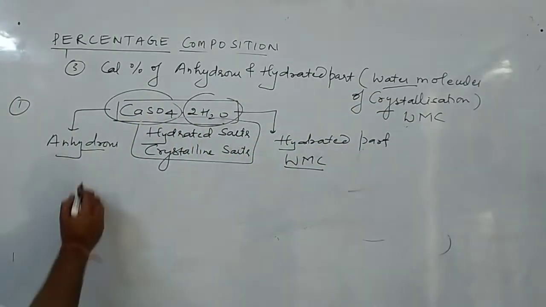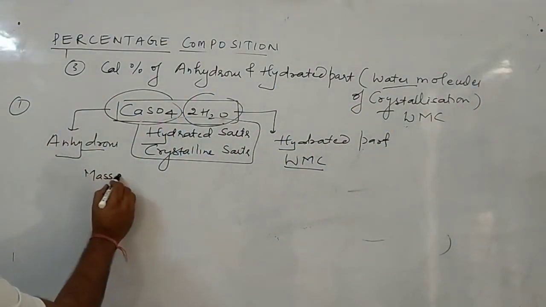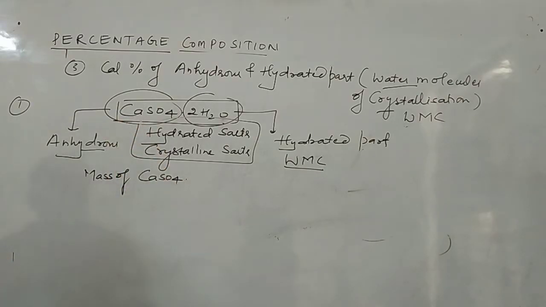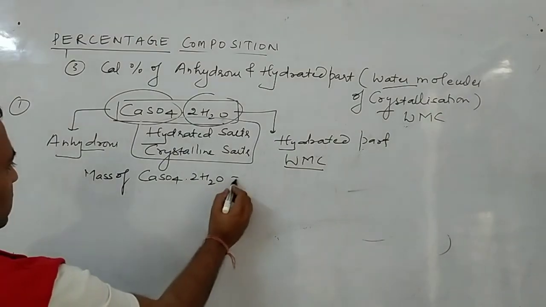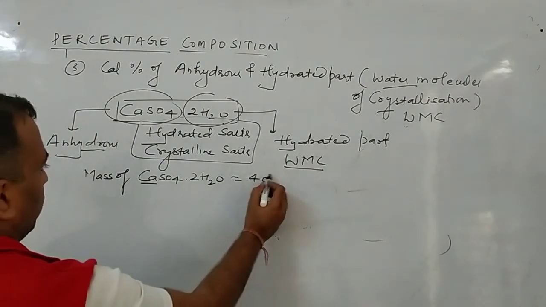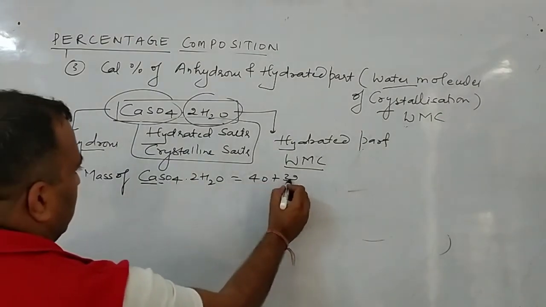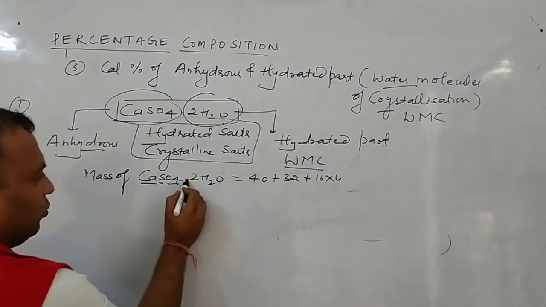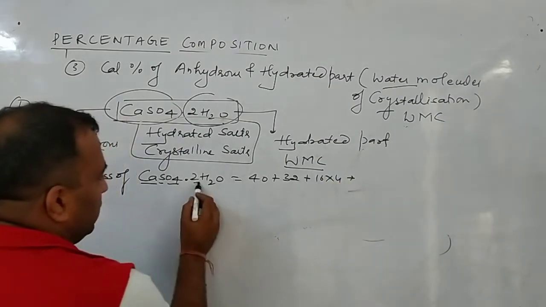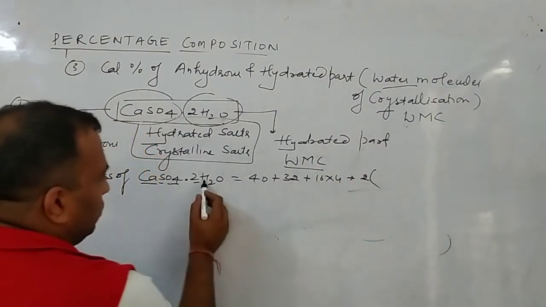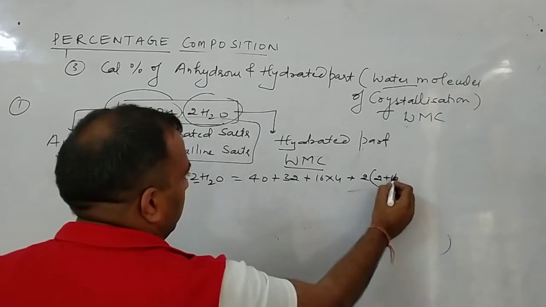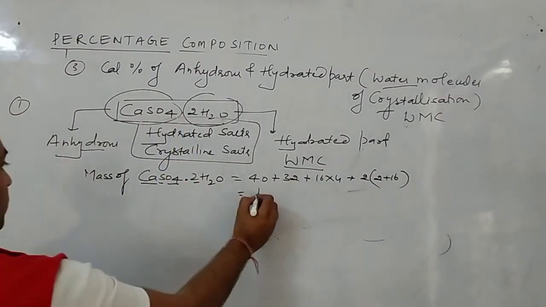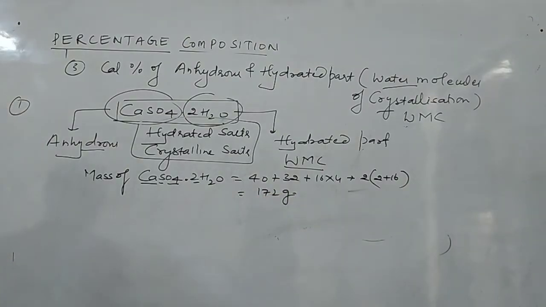You will see. So first, mass of CaSO4.2H2O, we just calculate. Calcium is 40, sulfur is 32, oxygen is 16 into 4, dot, I have told you earlier, plus, then what is written, 2, hydrogen 2 into 1, 2 plus 16. Okay, when you do all the addition and multiplication, this comes out to be 172 gram.